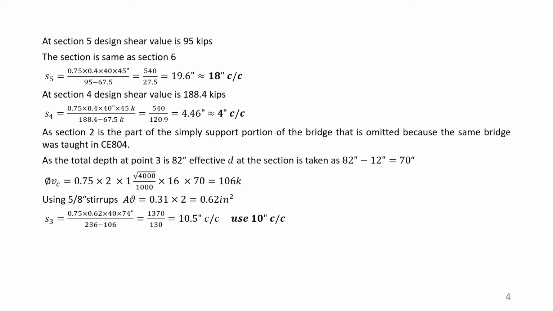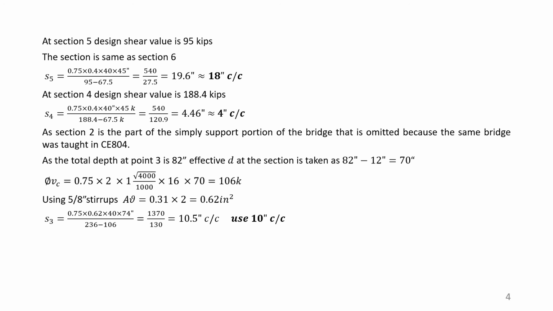We have got this value as 106 kip. The 0.75 is the reduction factor. Then there is lambda factor and concrete strength, and allowable shear stress is 2 coefficient, and 16 is the width of the beam, and 70 is the effective depth, as I have mentioned just before. That is 106 kip is the shear value.